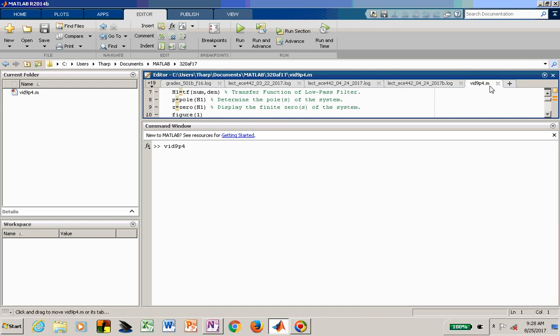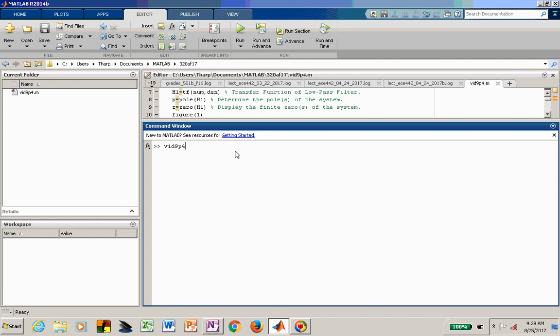In this case, I've already introduced VID for video 9.4, and what we want to do is actually execute that, and you can see the current folder, which is telling us it's in the C drive at a very specific location. I've gone ahead and introduced a specific folder for this class, and that folder is 320A Fall 17, and that now gives us this current folder's contents, which right now has only one script file .m in it.